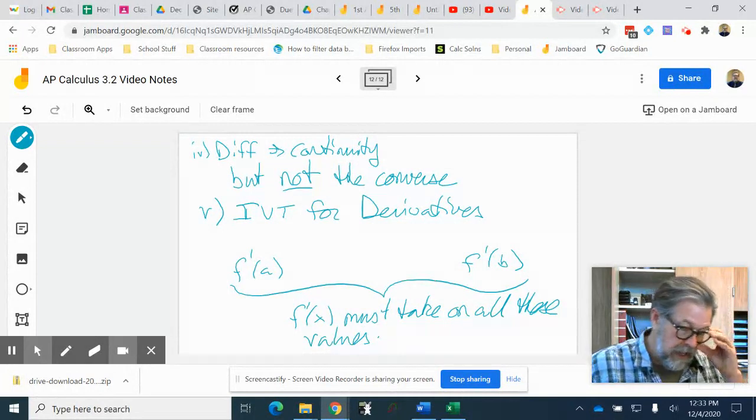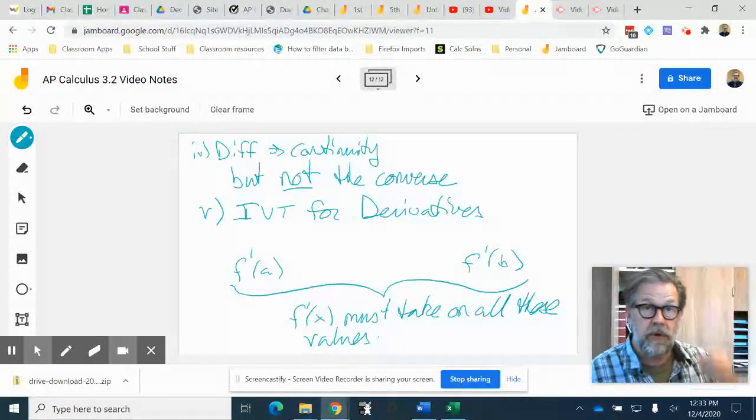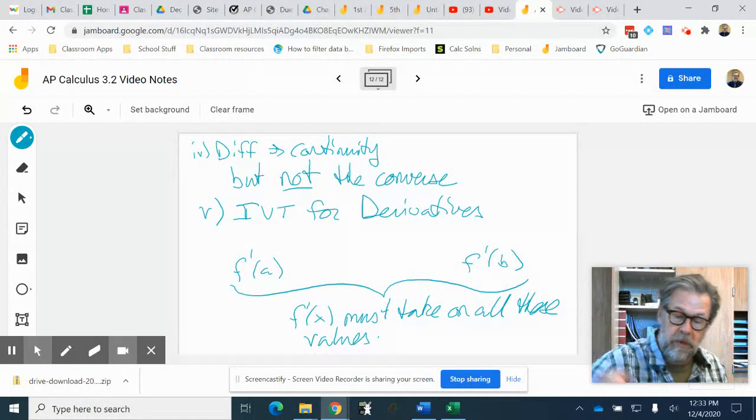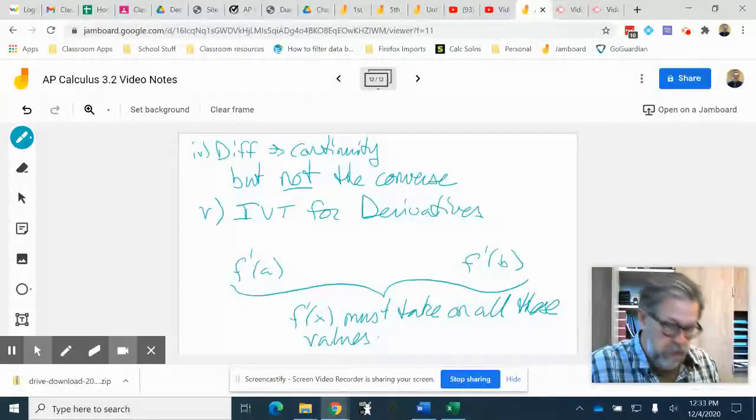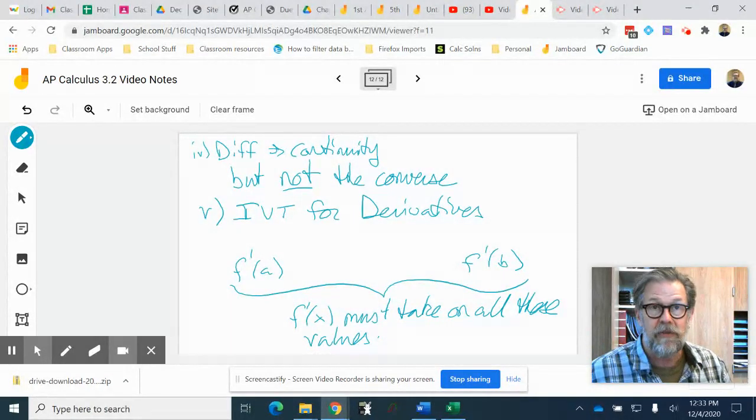As I've said in class, the chicken can't get from one side of the road to the other side of the road without walking through all the points of the road in between. It's the same for values of derivatives.